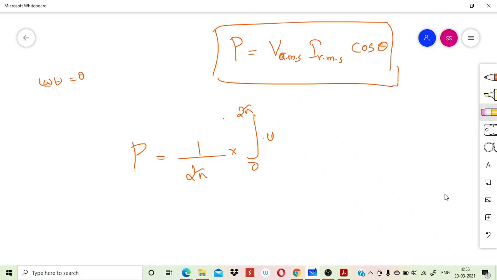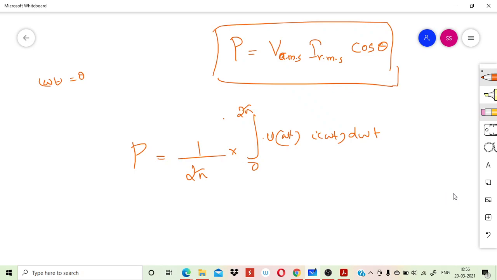Since we are going to calculate the area, our x-axis is the theta angle. So I'm considering this as V of omega t into I of omega t d omega t.